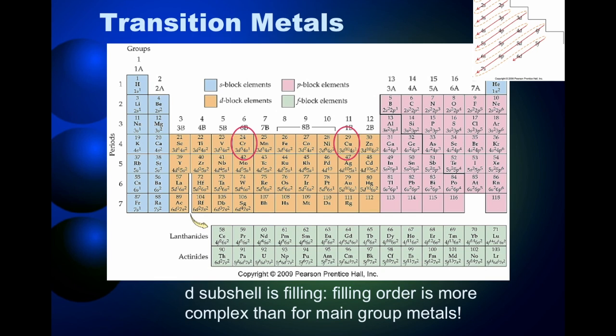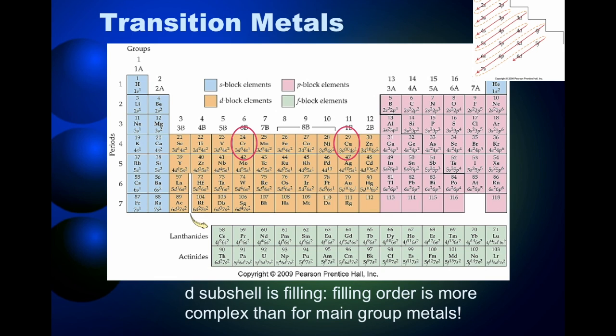But chromium actually has 5 because, remember, the d orbital holds 10 electrons, and half full, or 5, is more stable than 4. So chromium has actually taken 1 out of the s orbital. And same with copper.